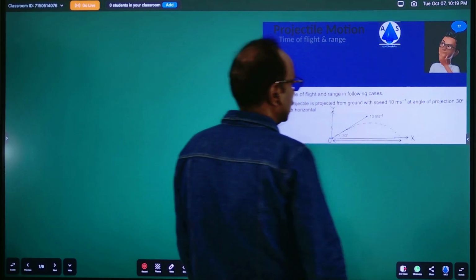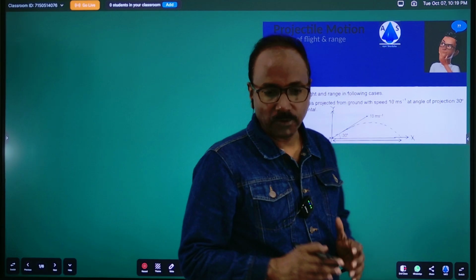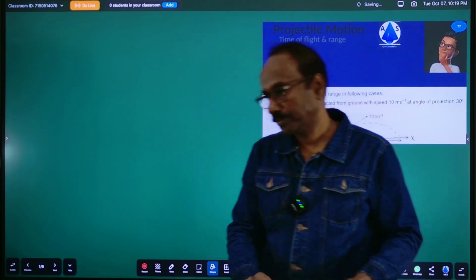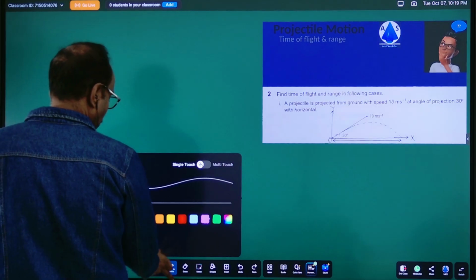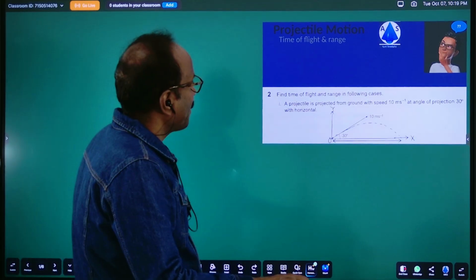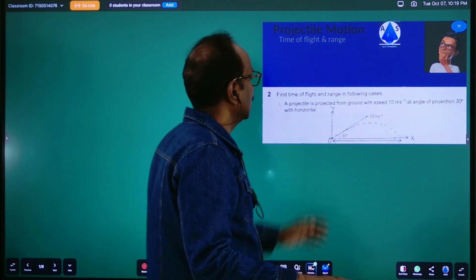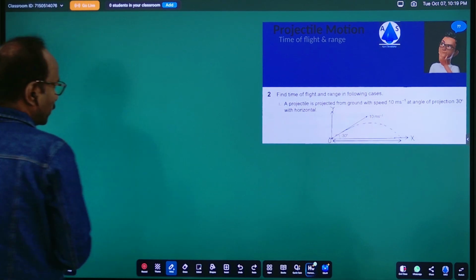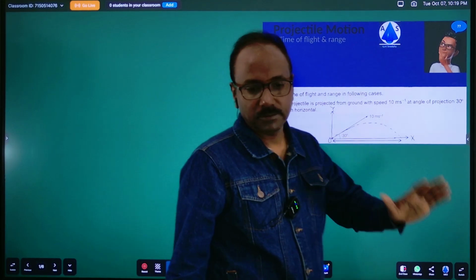This will be the range, and the time of flight, you know, is the time duration for which the projectile is in the air. You already have the formula for the time of flight when the projectile is projected from the ground and strikes back to the ground.